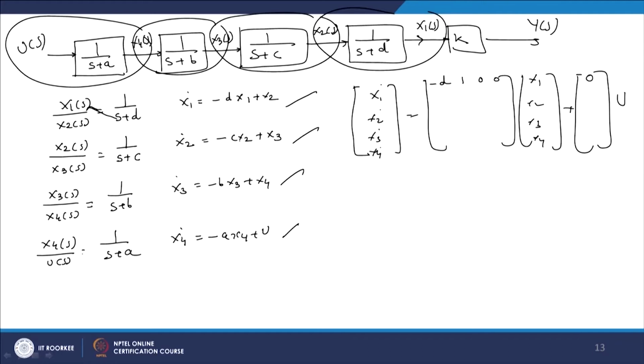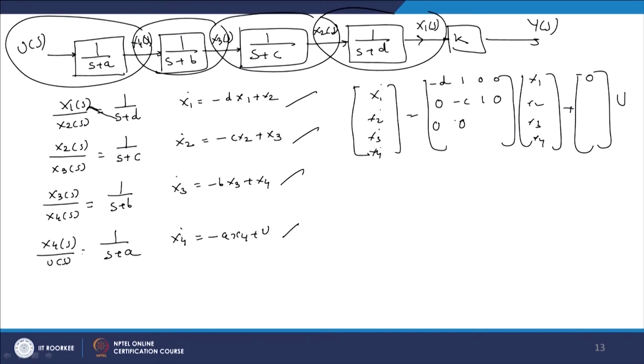Then about x2 dot equal to minus c x2 plus x3. So, we write as 0, minus c, 1, 0. Now, what about x3 dot? x3 dot equal to minus b x3 plus x4. So, here terms of x1 and x2 are 0.